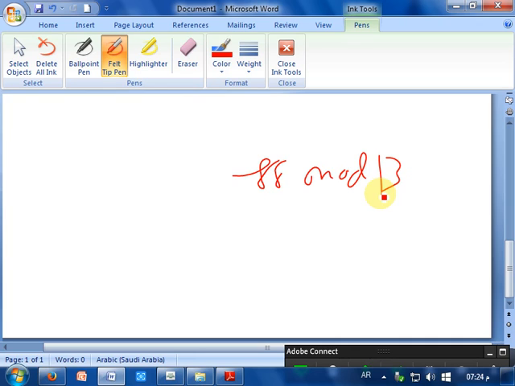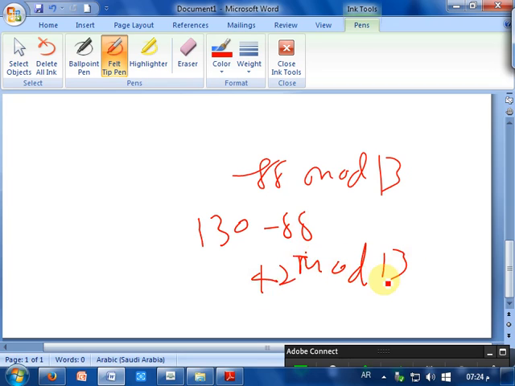So 130 minus 88 gives 42. 42 mod 13: divide, it goes 3 times, remaining 3. 13 times 3 is how much? 39. And the remainder is 3. This is the answer.